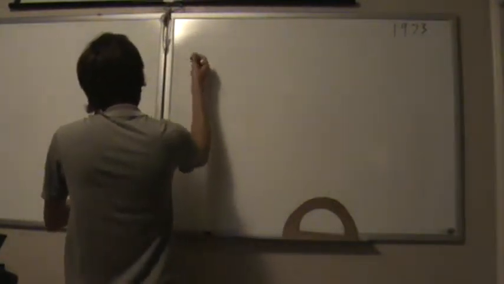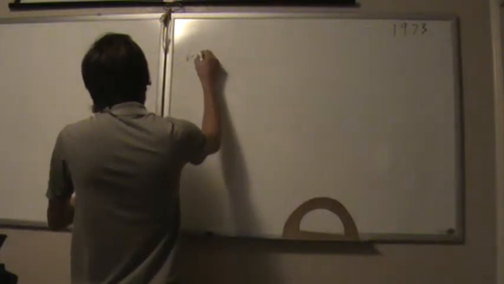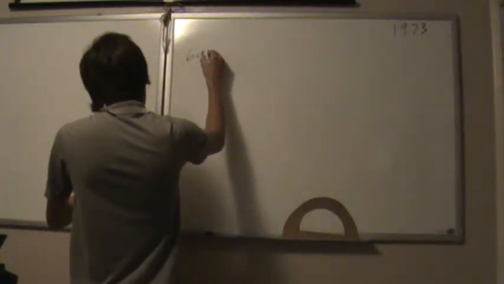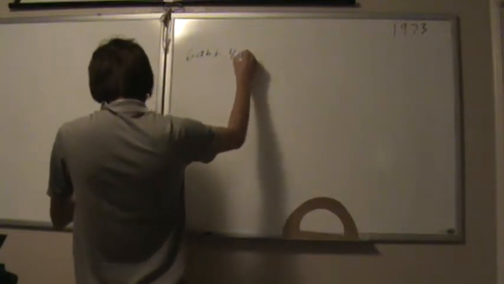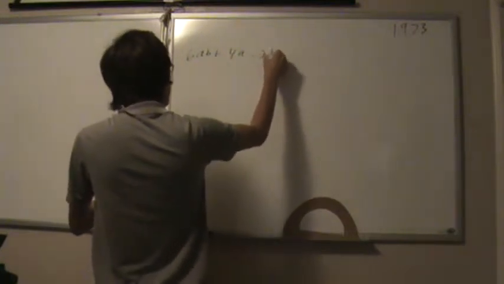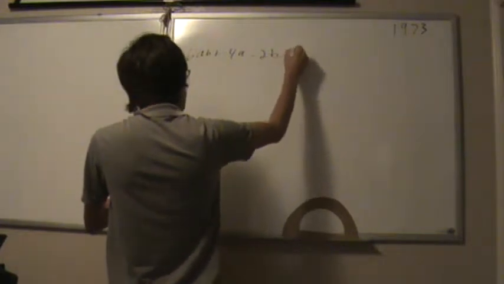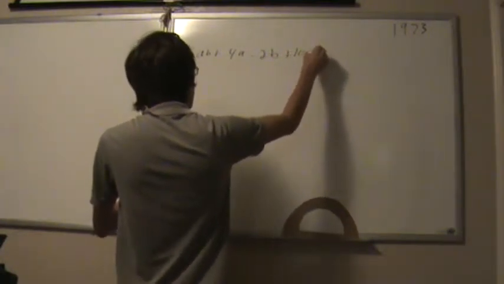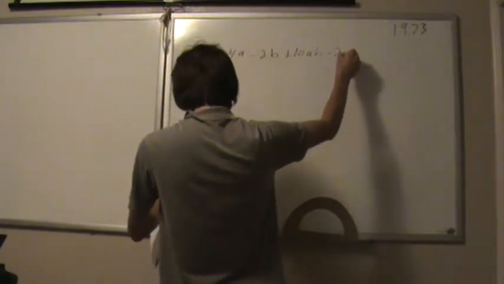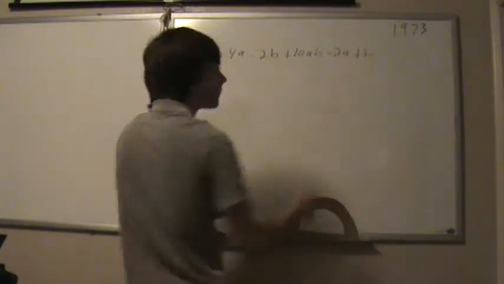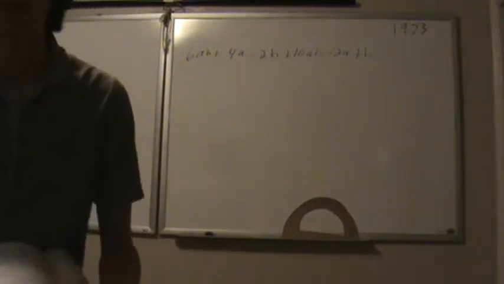This expression is 6ab plus 4a minus 2b plus 10ab minus 2a plus b. Hopefully y'all can see that.